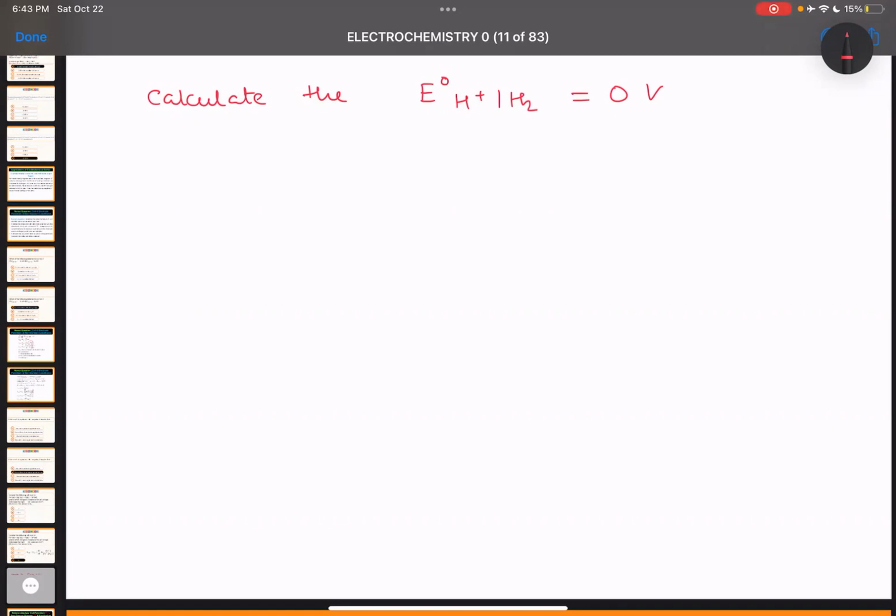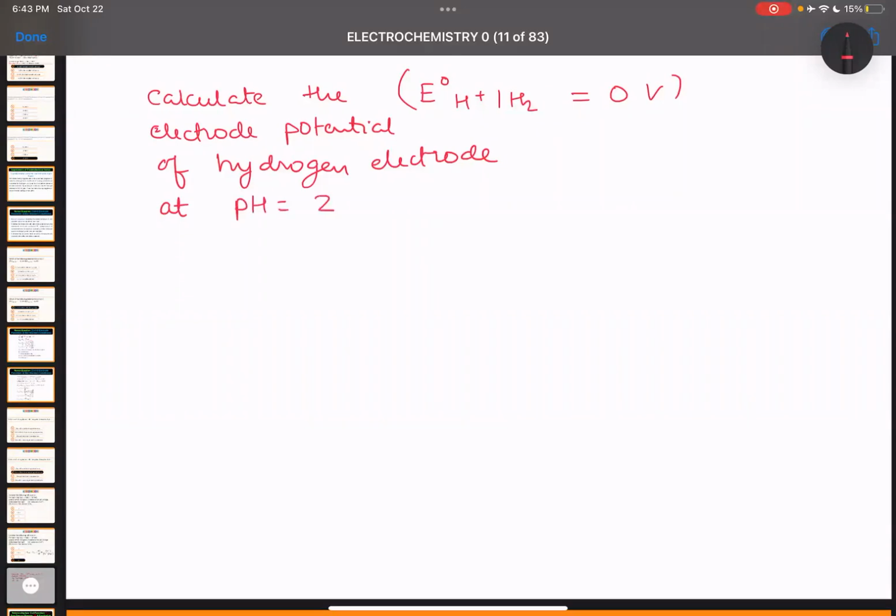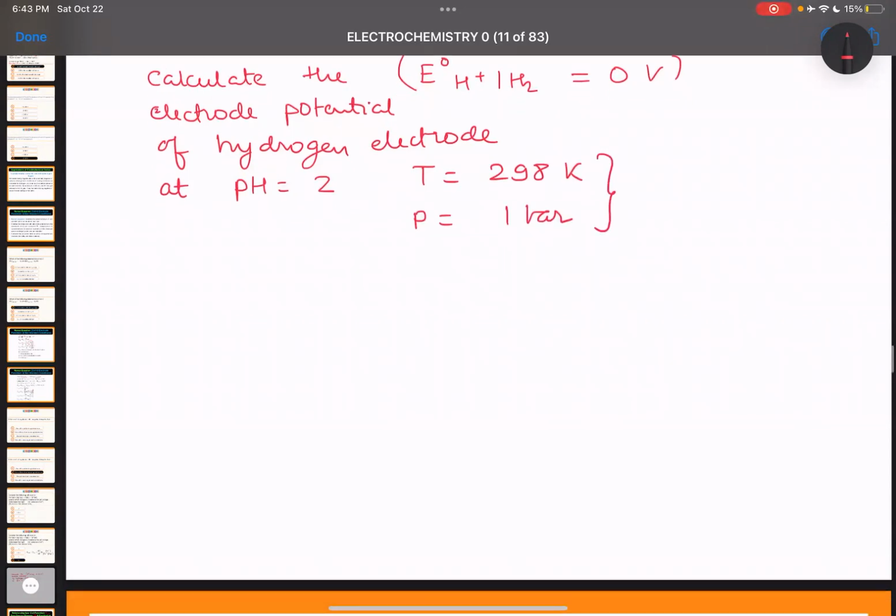It is 0 volts under standard conditions, right? So these are the standard conditions: pressure 1 bar, temperature 298 Kelvin. But this is not the standard condition.